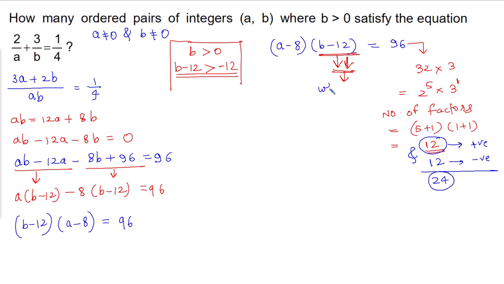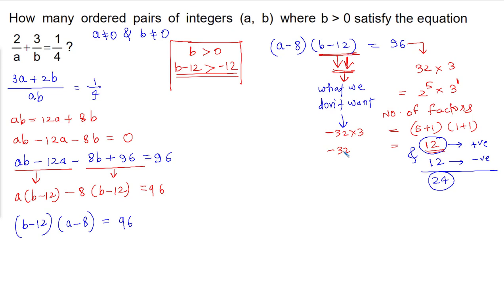We don't want b - 12 to be -96, we don't want it to be -48, we don't want it to be -32.